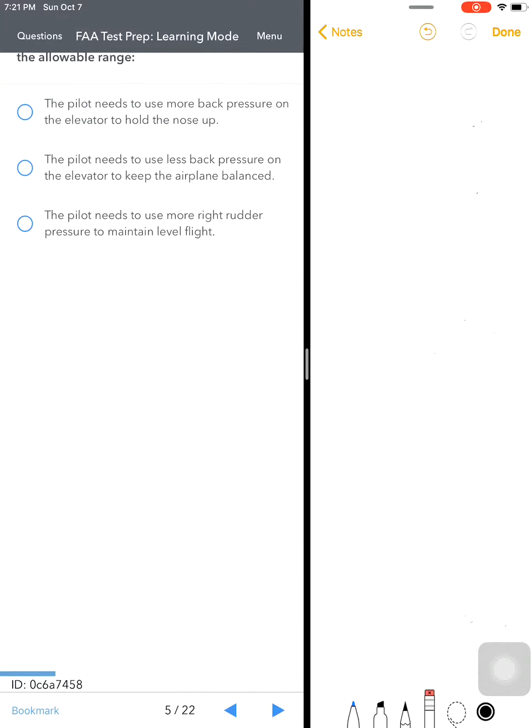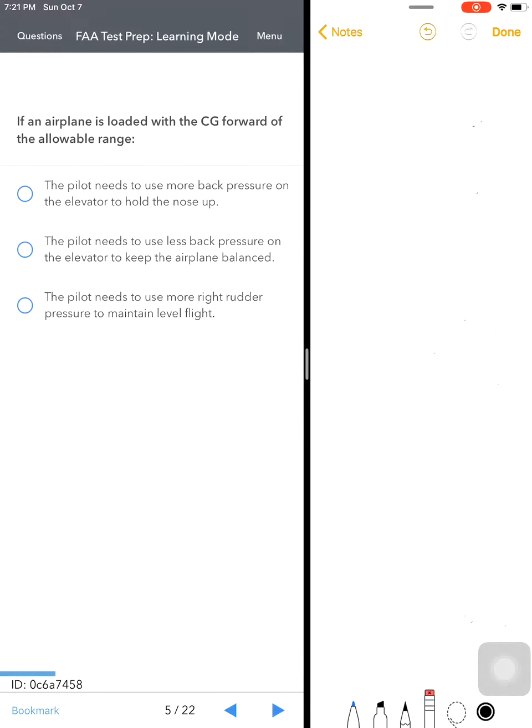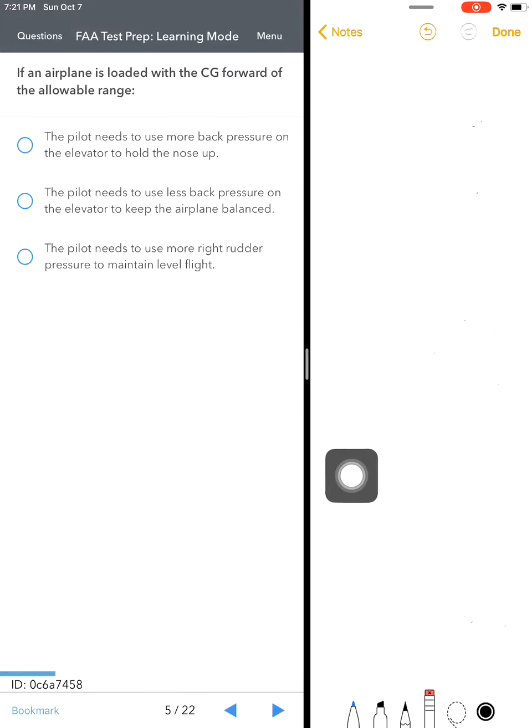All right, let's go to the next question. It says if an airplane is loaded with the CG forward of the allowable range, okay, forward, what's going to happen? The pilot needs to use more back pressure, the elevator to hold the nose up. The pilot needs less back pressure. The pilot needs to use more right rudder.